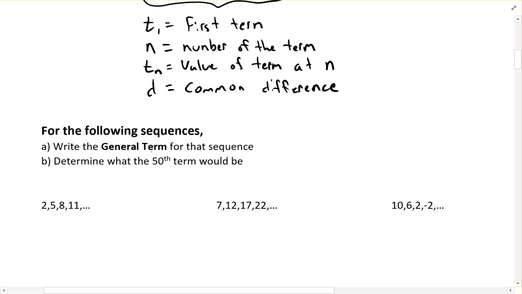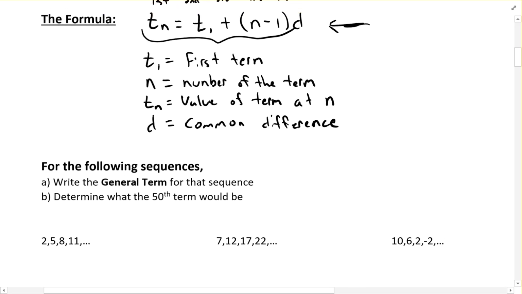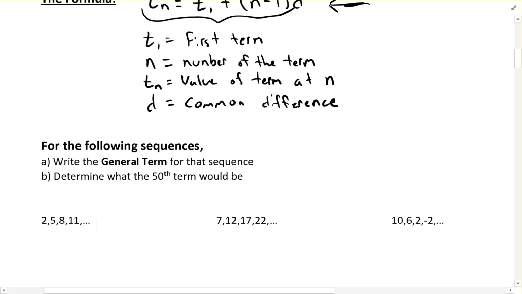So part A of this says write the general term for the sequence here. What we're going to do first, let's figure out what these things are. So T1, that's the first term, right? So that's going to be 2. n, well, number of terms.